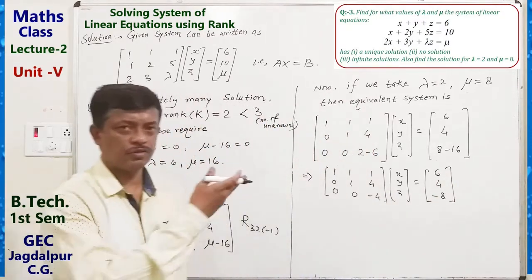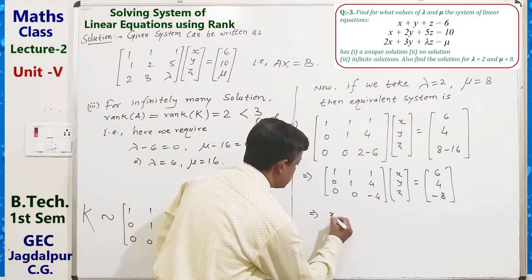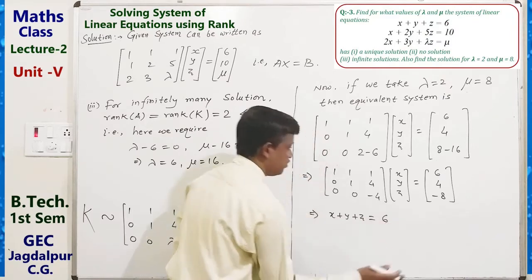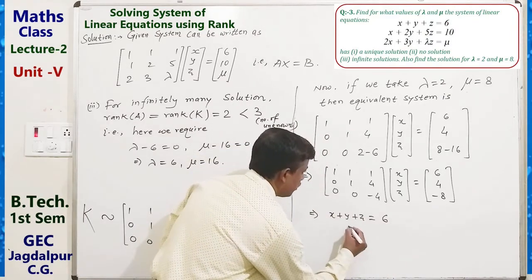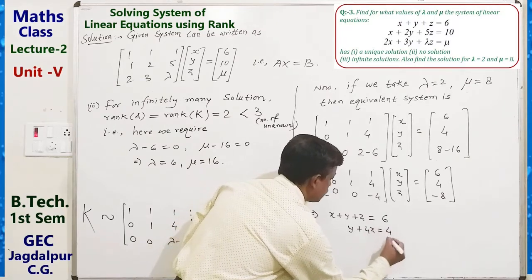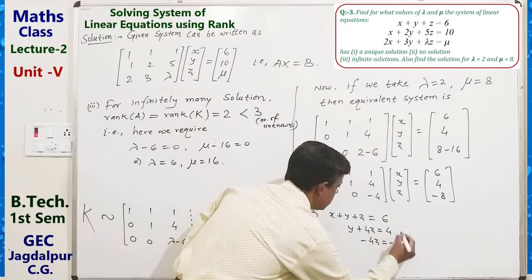Now we can write the equivalent equations: x plus y plus z equals 6, y plus 4z equals 4, and minus 4z equals minus 8.